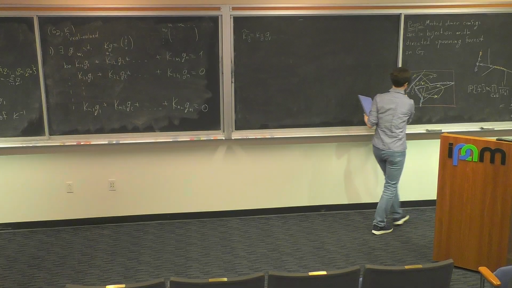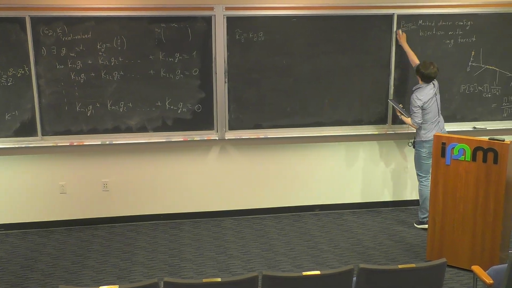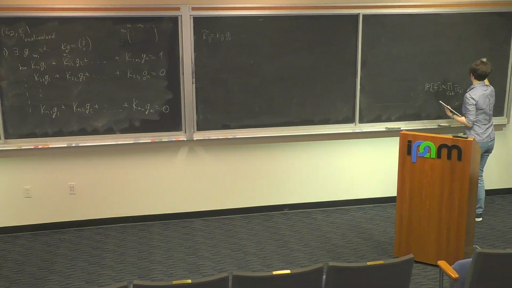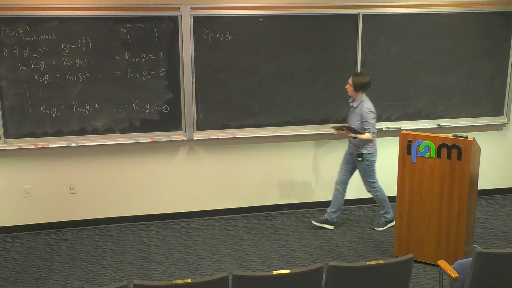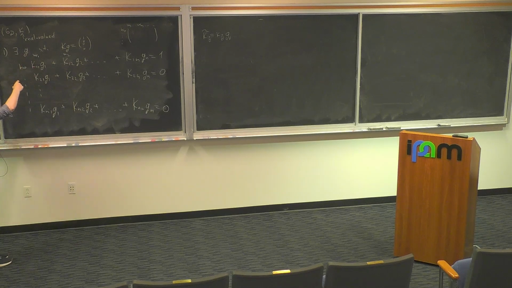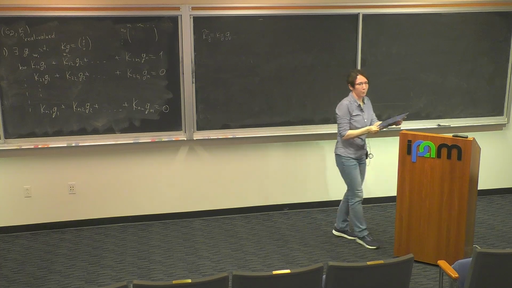We need to go back to the dimer model. So this G is just a column of the inverse Kasteleyn. What? No, it's not a column of it, it's a gauge function. I forgot to say what the gauge is for the dimer model, but I'm going to do it right now.